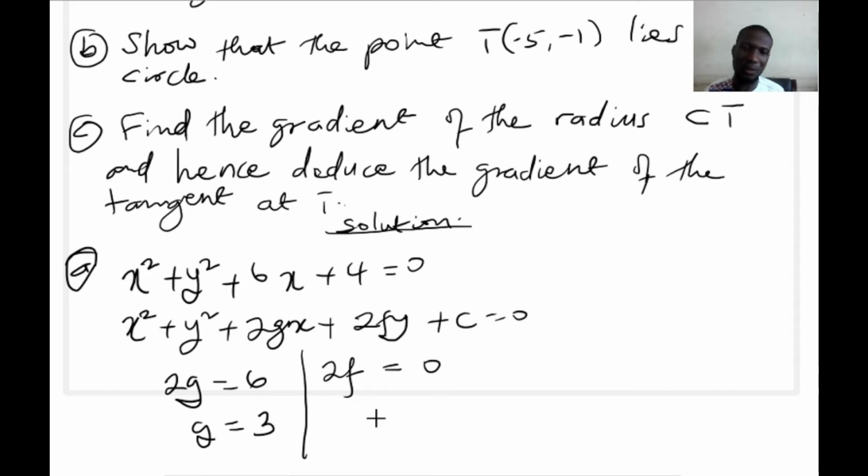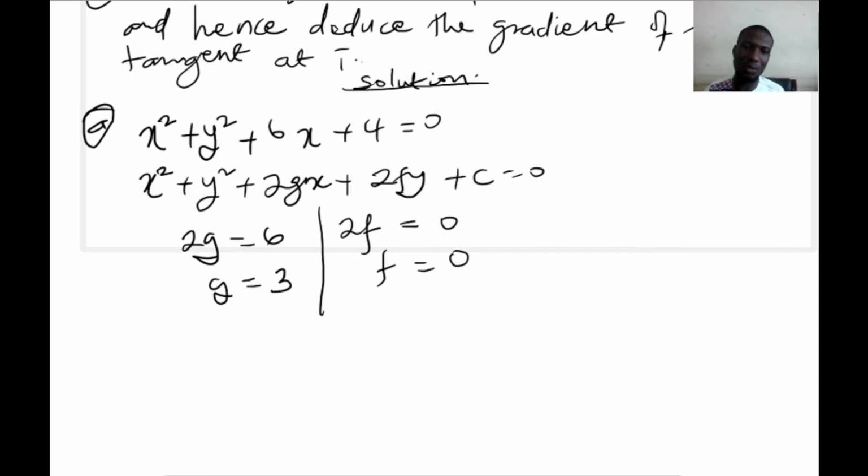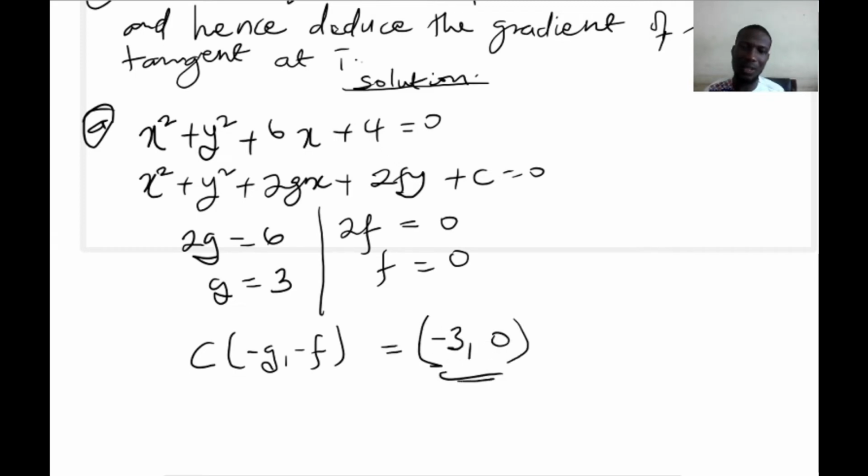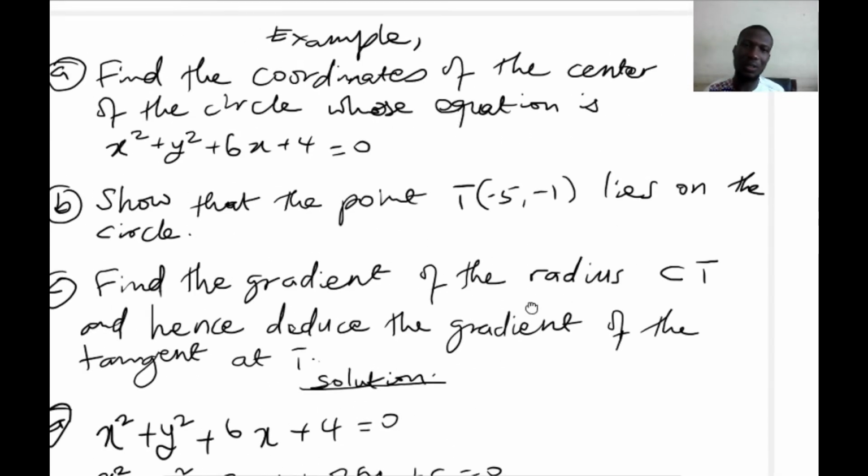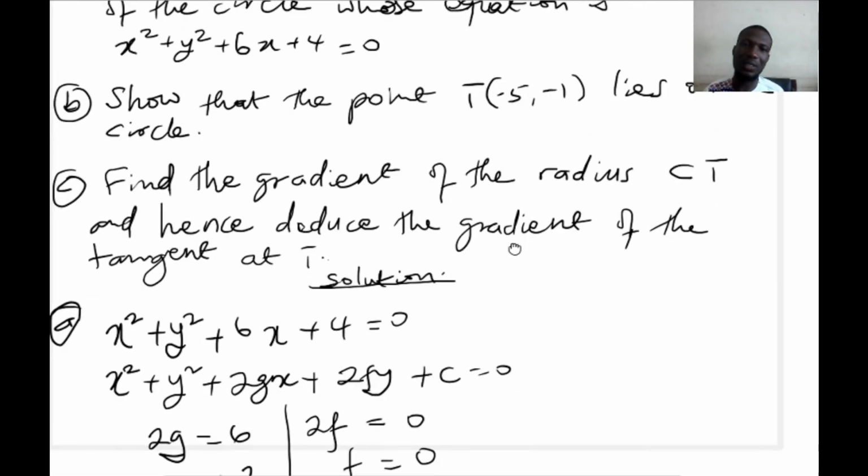Dividing both sides by 2, f will be equal to 0. And from what we have done in circles so far, the center of the circle C will give us negative g, negative f, and that is negative 3, 0. So this is the answer for our A, finding the coordinates of the center of the circle.